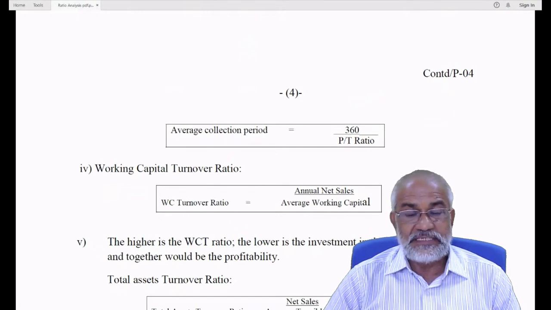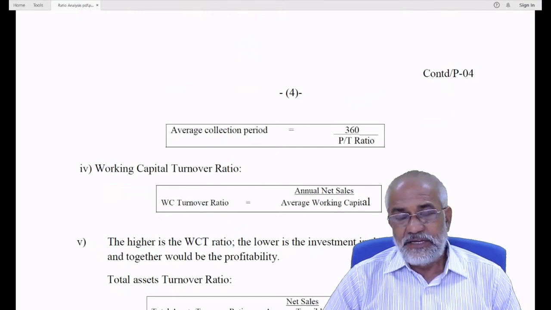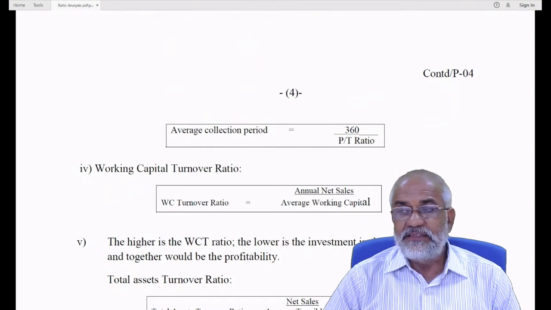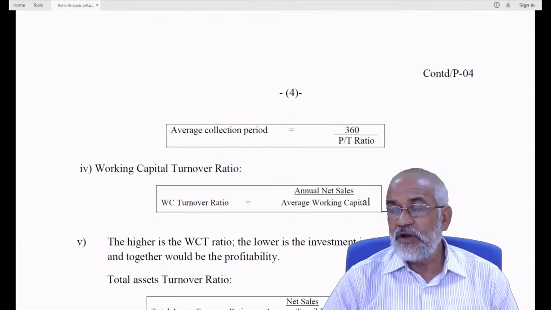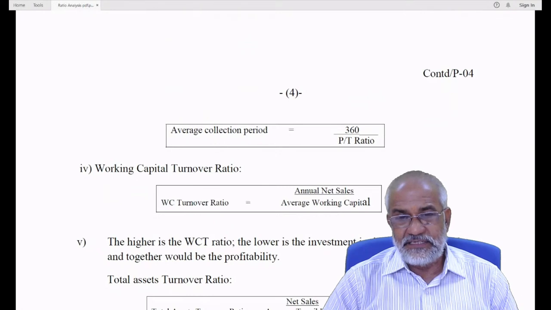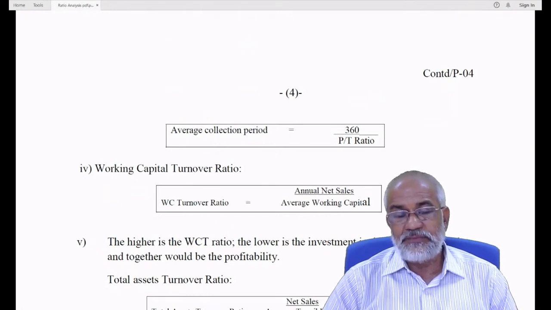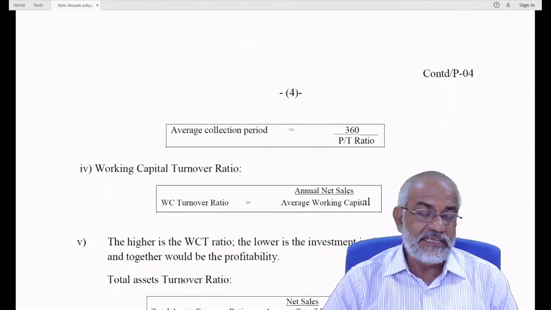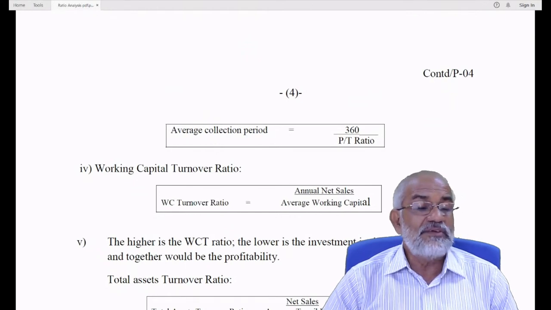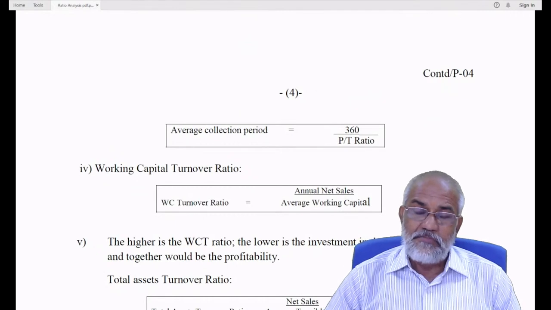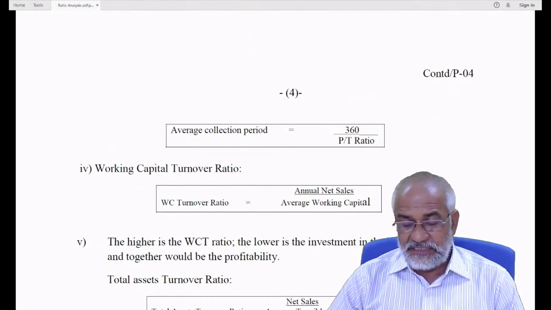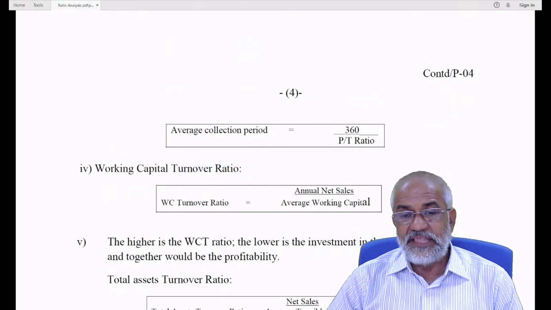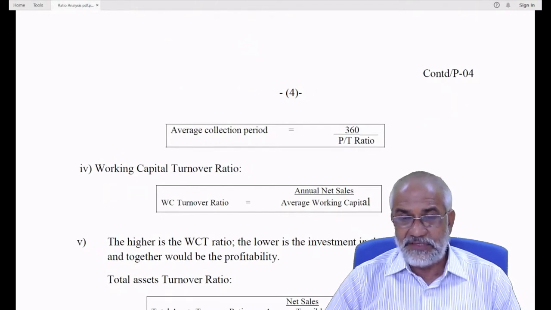The net sales means sales reduced by the sales return or return inward. If there is any return against sales, that has to be deducted from the gross sales to find out the net sales. So annual net sales means whatever sales were effected during the whole year minus the sales returns during the year.